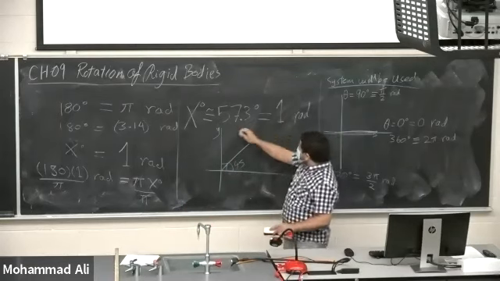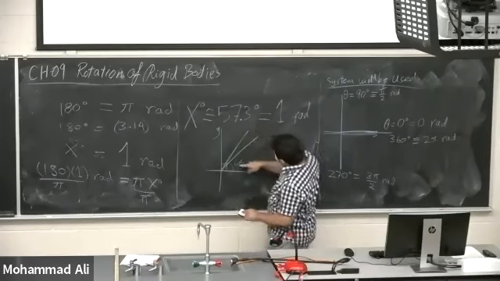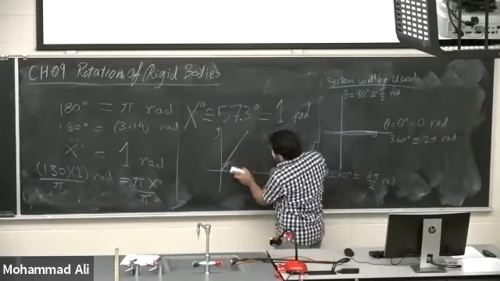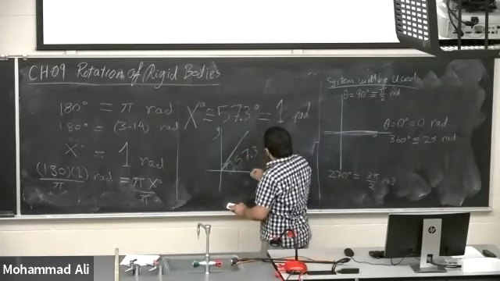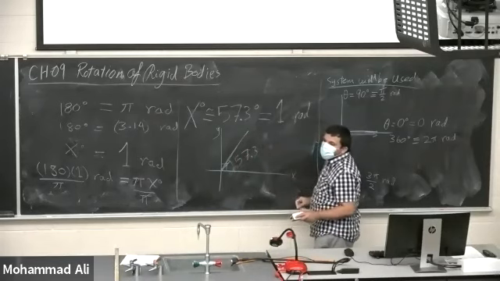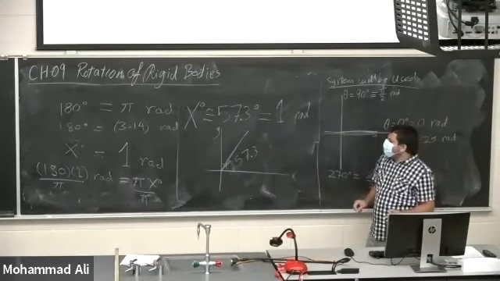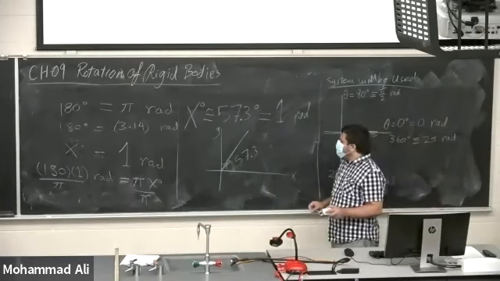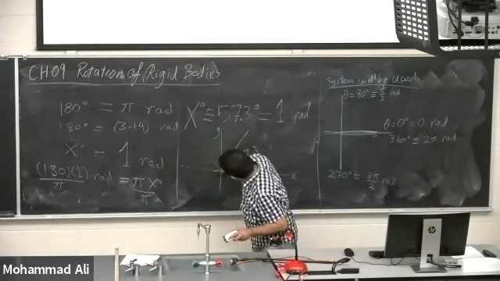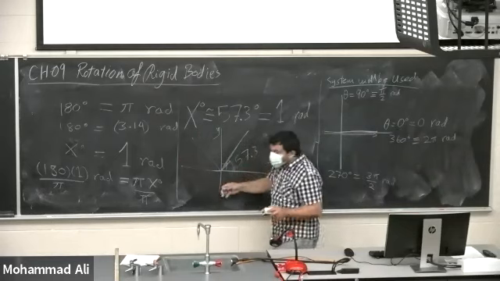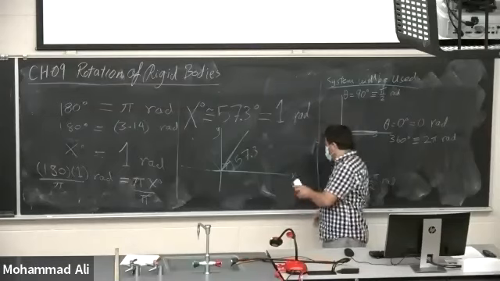This angle is 57, a little bit more than 45. This is 57.3. This is 1 radian. Okay. This is 2 radians. This is 3 radians. The total angle is almost 6 radians or 2 pi.